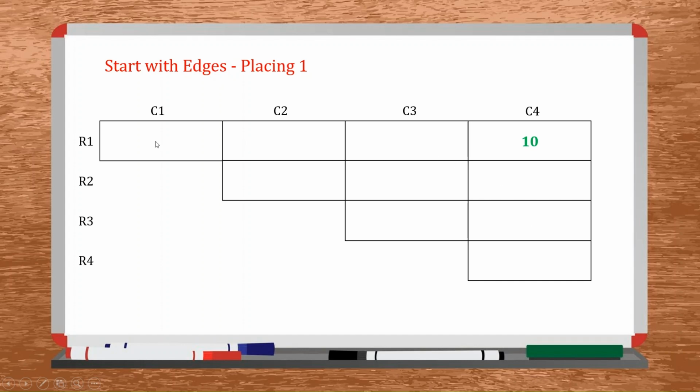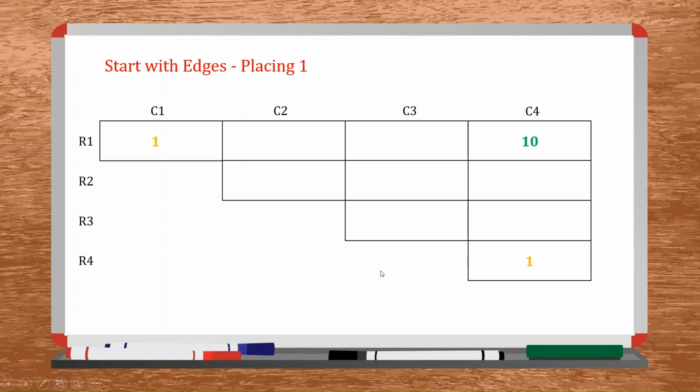Now, if I place it here, in the second slot of R1, then there is no number smaller than 1 that I can place before it in the first slot of R1. Hence, I'll have to place it either in the first slot of R1 or in the last slot of C4. So these are the two possibilities where I can place 1.